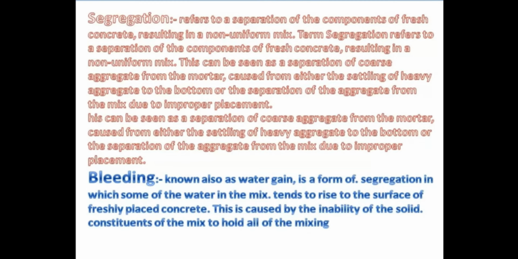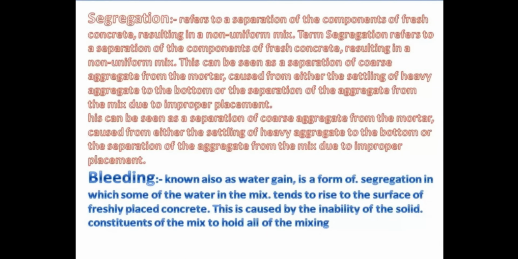comes up. The second term is bleeding. Bleeding means that after segregation, since now the particles have left their original positions and they are leaving each other, even the water gets displaced and you find the water right onto the surface of the concrete or of the mixture, whichever we are using.